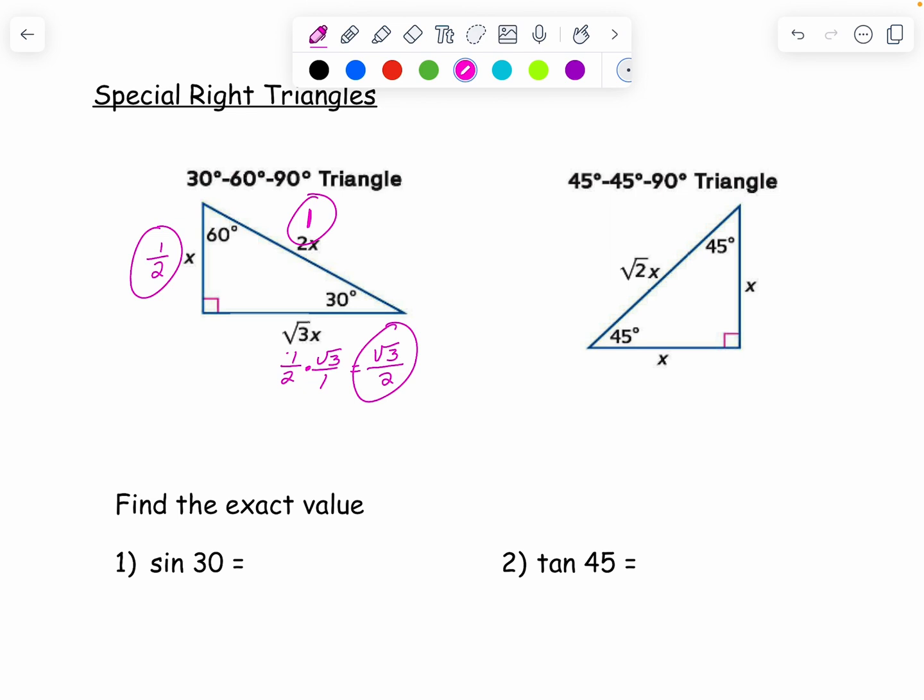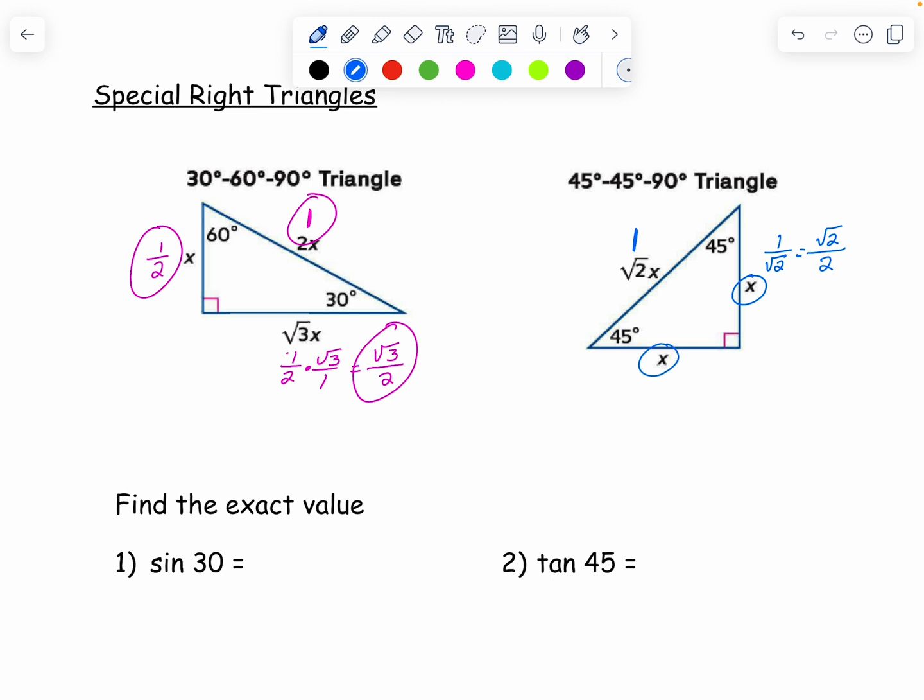Now let's take our 45, 45, 90 triangle, and let's say here that we also have a hypotenuse of 1. Now, we said that if this was a whole number, in order to get the x, instead of multiplying by the square root of 2, we're going to have to divide by the square root of 2, which would give us 1 over the square root of 2, which rationalized would be 1 times the square root of 2, which is just square root of 2, over regular 2.